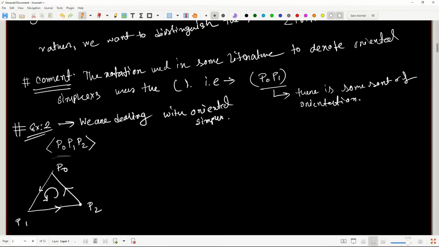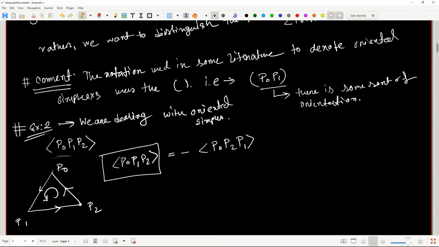Okay. Now I can write this as minus P0, P2, P1, like this as well. Why? Because what does this mean? This meant that if you start from P2, you can go to P0 and then you can come back to P1.